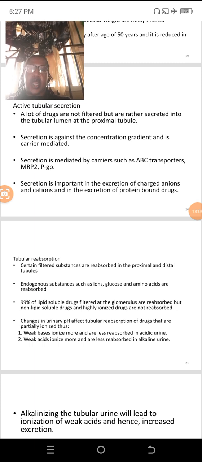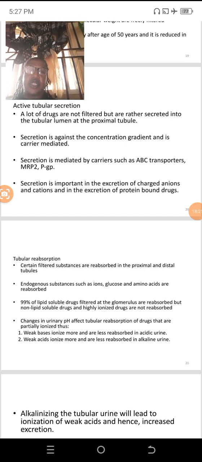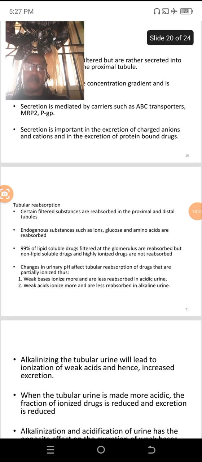Thus, weak bases ionize more and are less reabsorbed in acidic urine, whereas weak acids ionize more and are less reabsorbed in alkaline urine. This is important in cases of poisoning.